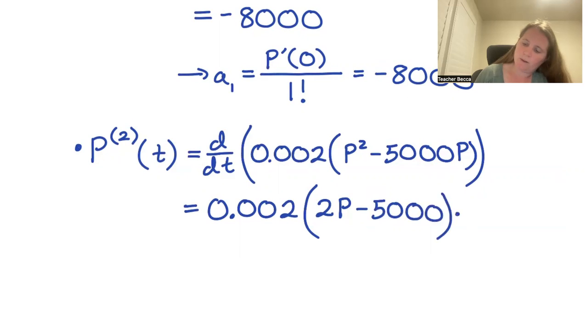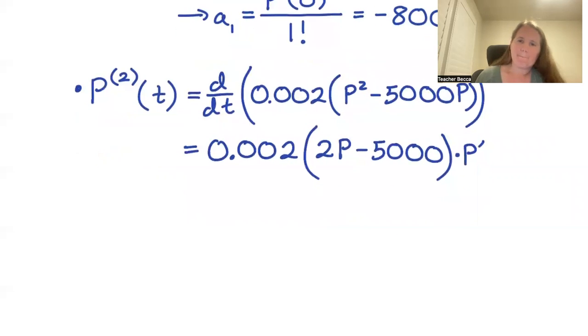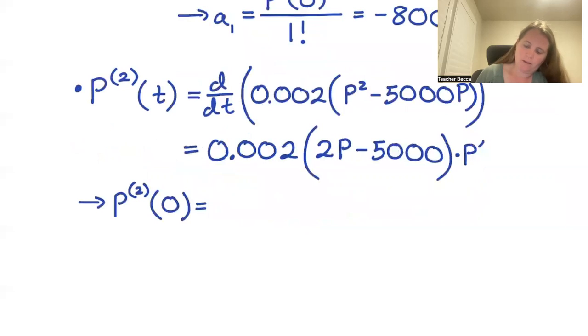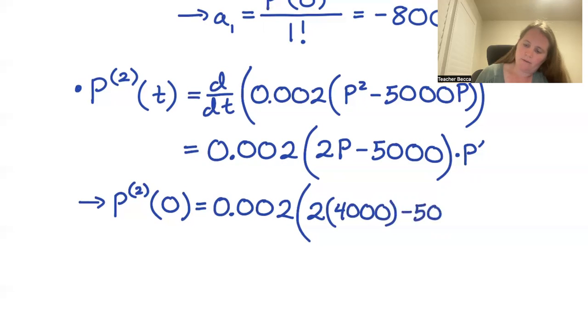And then we would have to multiply by p prime for our chain rule. But that p prime, we know, right? So the second derivative evaluated at 0 is 0.002 times 2 times 4,000, that's p of 0, minus 5,000 times negative 8,000.